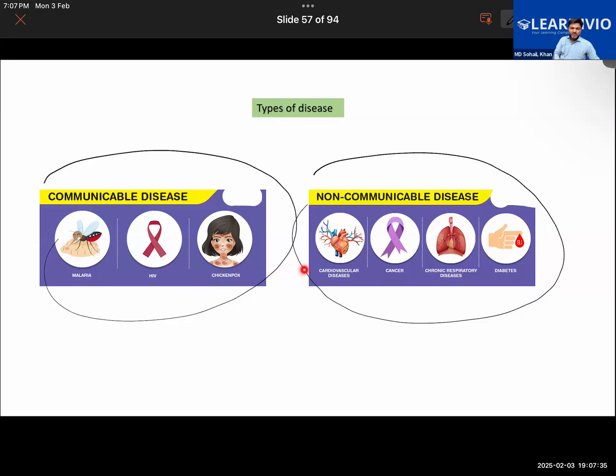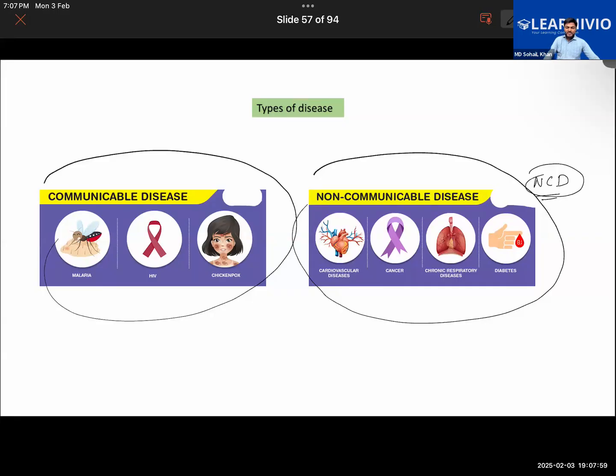But non-communicable diseases are inherent in nature. Basically, they cannot be transmitted from one person to another. Getting it? For example, cancer is a non-communicable disease. Leprosy is there, etc. These are non-communicable diseases, in short written as NCD, right?